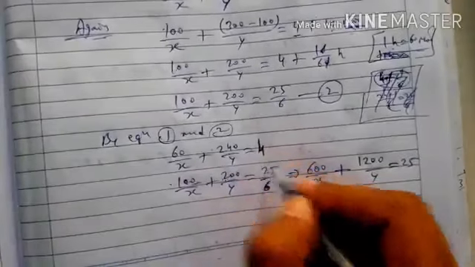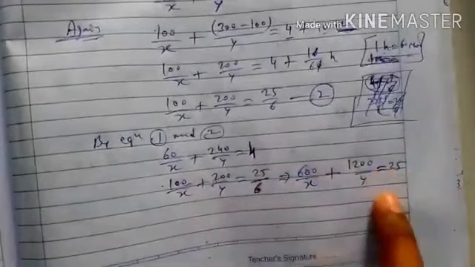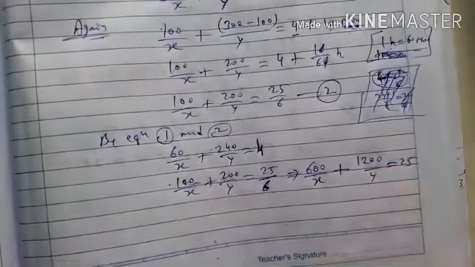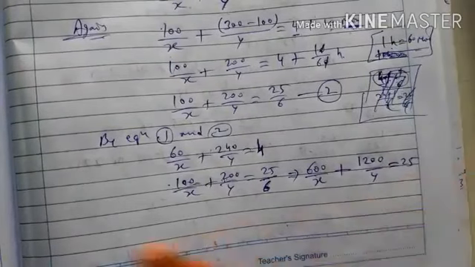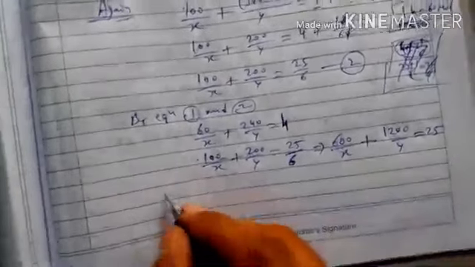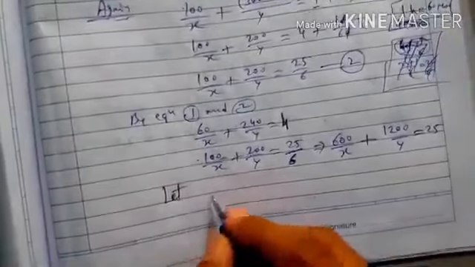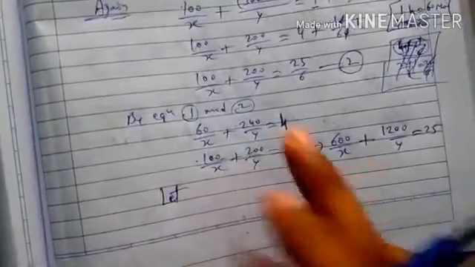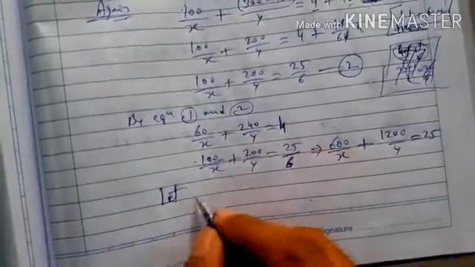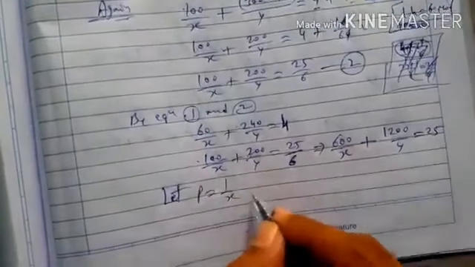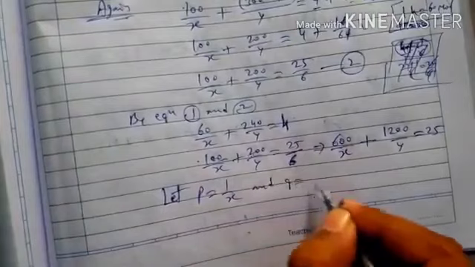So solve this equation in the simplest form, and let us reduce it by taking new variables. Let p equal 1 by x and q equal 1 by y.